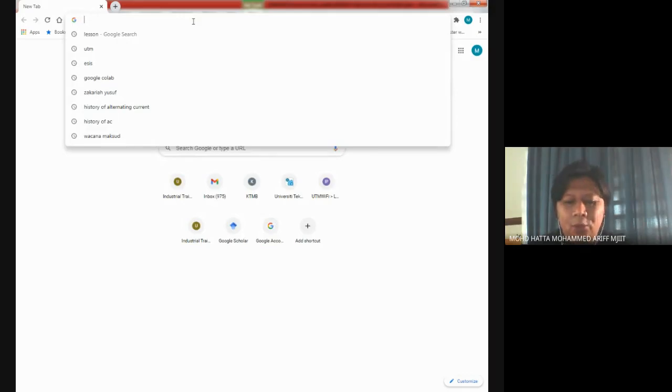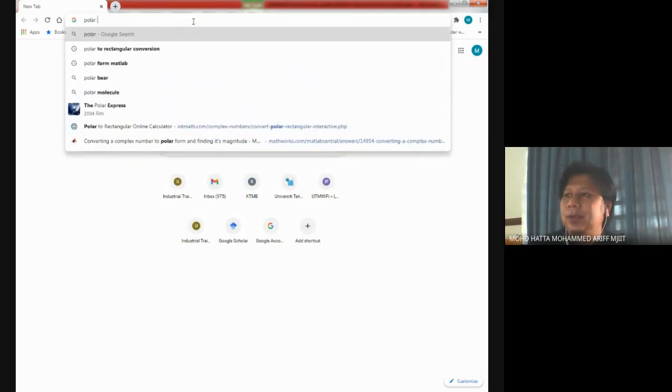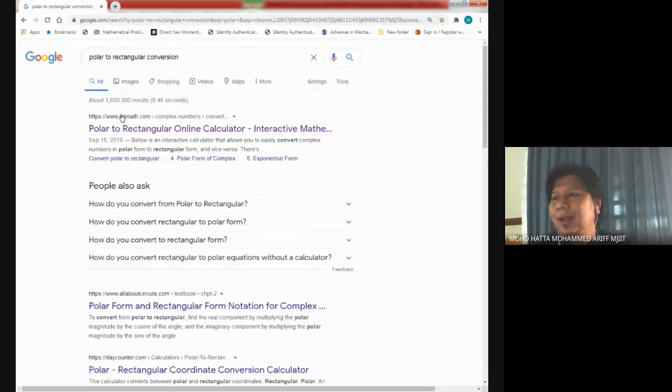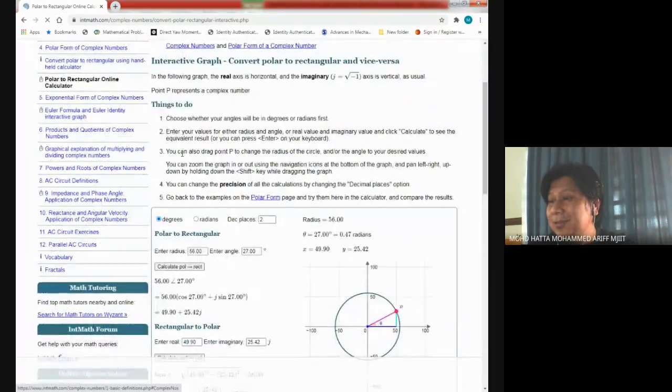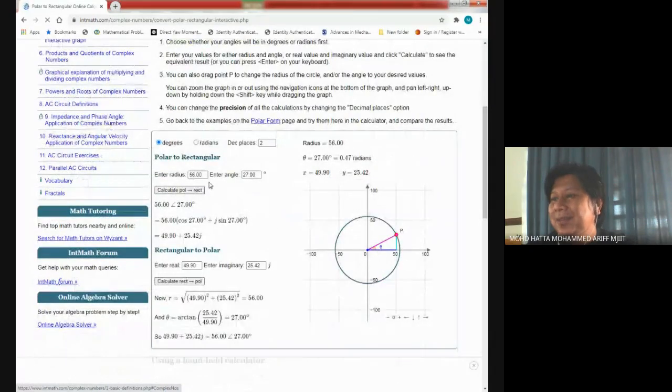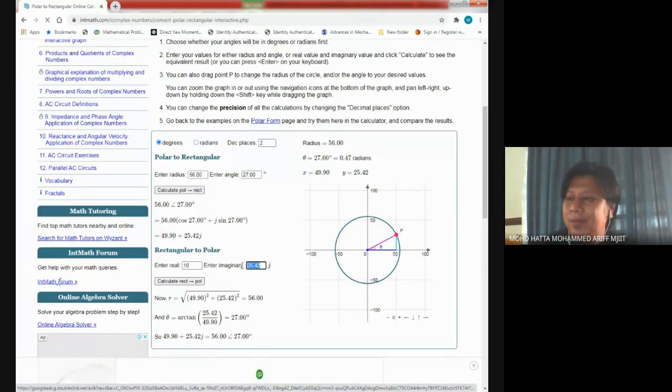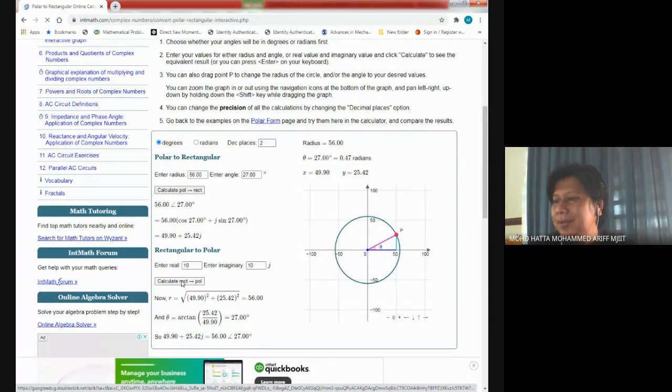If you look at Google for polar to rectangular conversion, you see this is the website that I'm talking about here. You try to convert from polar to rectangular using online calculator. It's quite easy. For example, you have rectangular to polar, and let's say your real part is 10, and your imaginary part also 10, and you calculate.